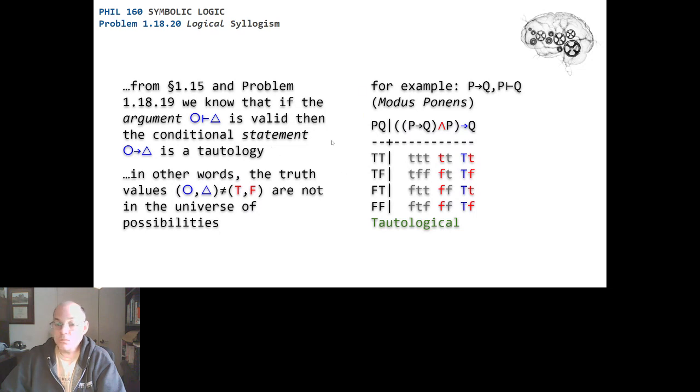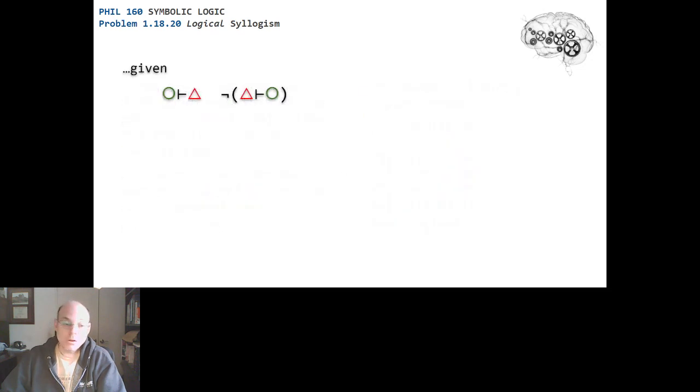Using this information, we're going to look at problem 20. In problem 20, we're given a couple of conditions. We're told circle, therefore triangle, and we're also told triangle does not lead to circle, or not triangle there.